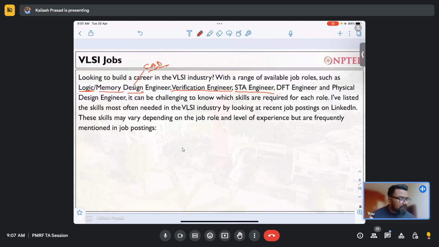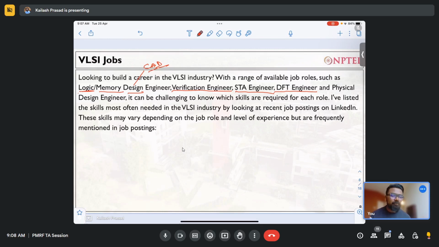Then you will have DFT engineers, design for test. Whatever chip you design, there should be some test circuit to test this chip automatically, without manually testing it. Whenever the fabricated chip comes to us, we just provide some signal, and there can be an automated testing. Every company is hiring the role of DFT engineers.